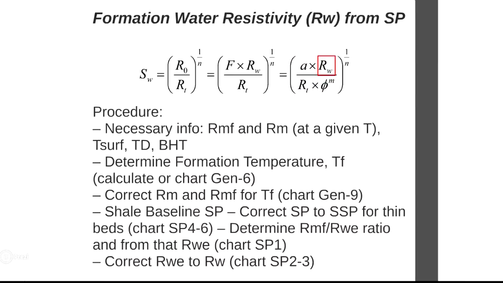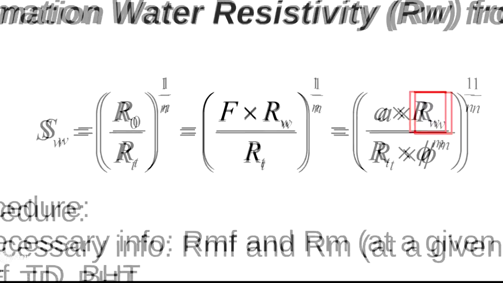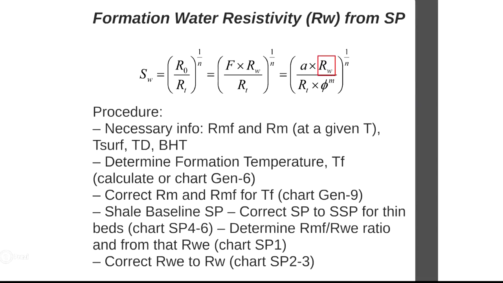Formation water resistivity, RW, from SP. As we can see in this formula, SW is equal to R0 divided by RT. That is equal to F multiplied by RW divided by RT, and this is equal to A multiplied by RW divided by RT multiplied by PHI to the power m. Procedure for this formula: necessary information is RMF and RM at a given T, T surface, TD, BHT.